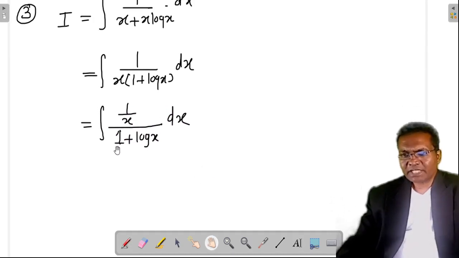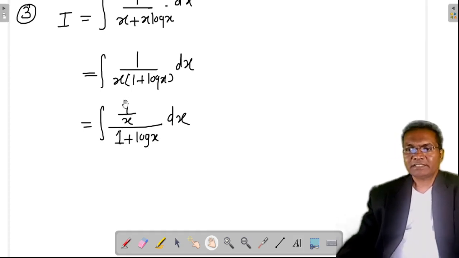Now see here, what is the derivative of 1 plus log x? Derivative of 1 is 0. Derivative of log x is 1 by x. So it is here itself. This is of the form f dash by f.